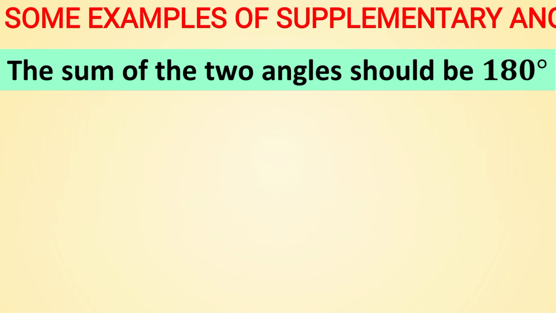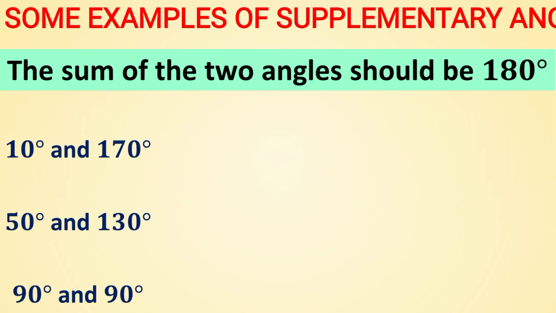Some examples of supplementary angles. Take note, the sum of the two angles should be 180 degrees. 10 degrees and 170 degrees, 50 degrees and 130 degrees, 90 degrees and 90 degrees, and so forth.